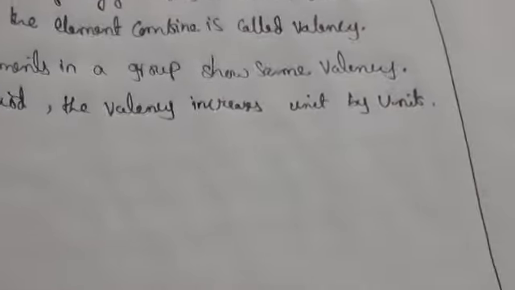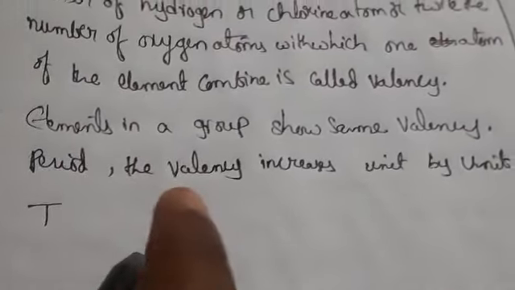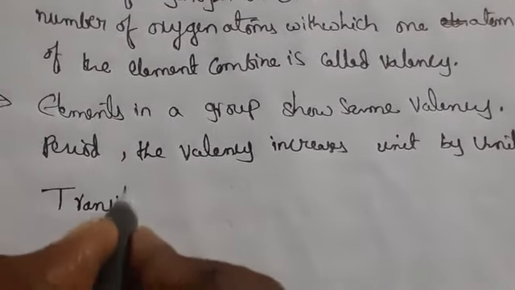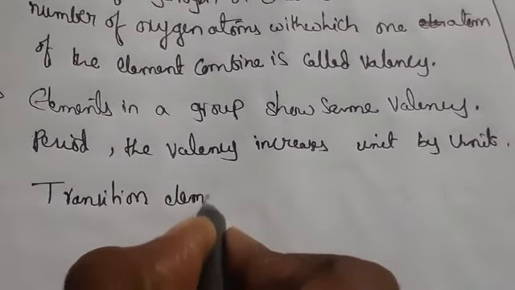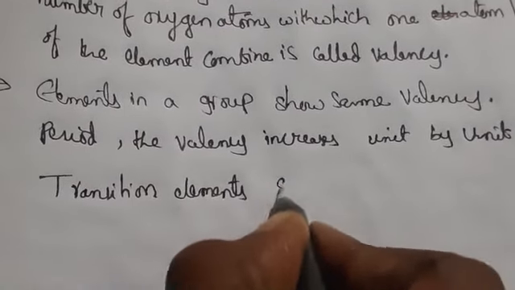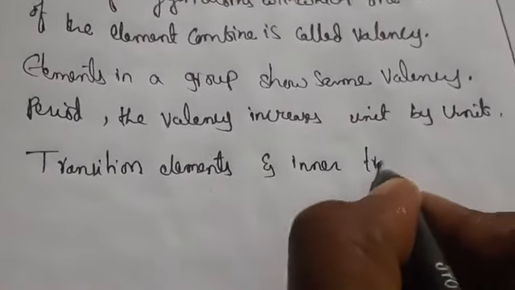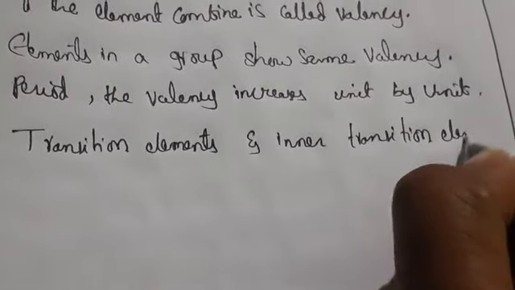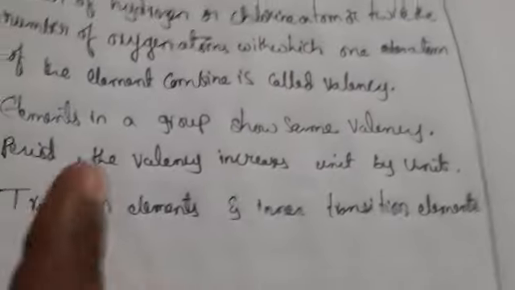Coming to transition elements, what happens? Transition elements and inner transition elements: D block is known as transition elements, and inner transition elements are the F block elements.